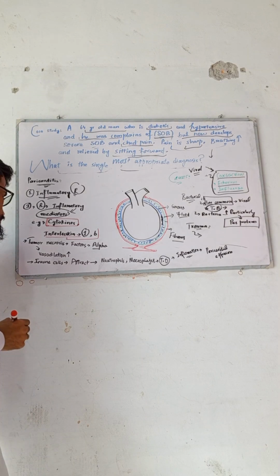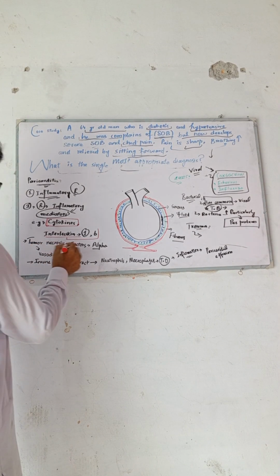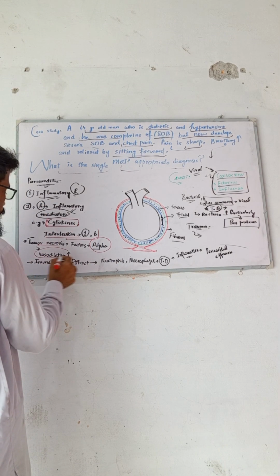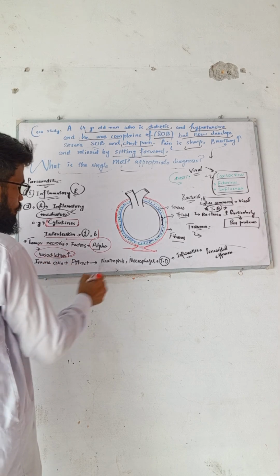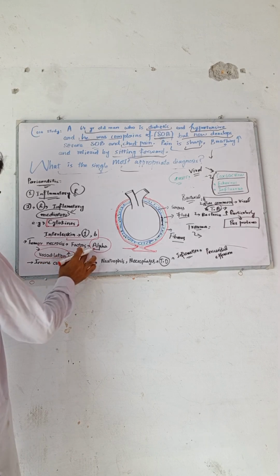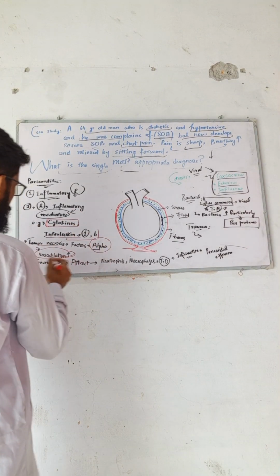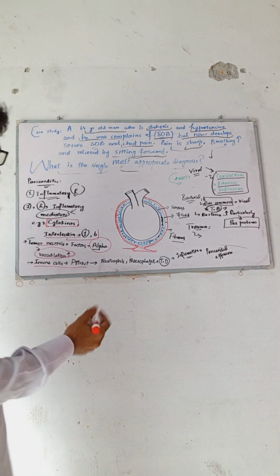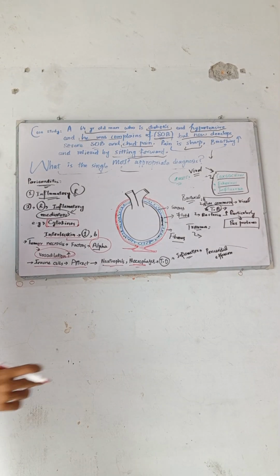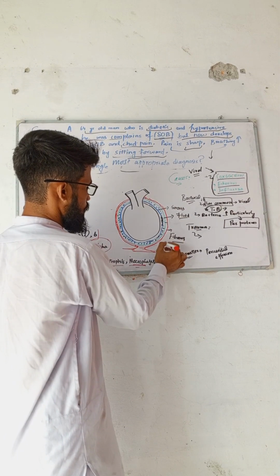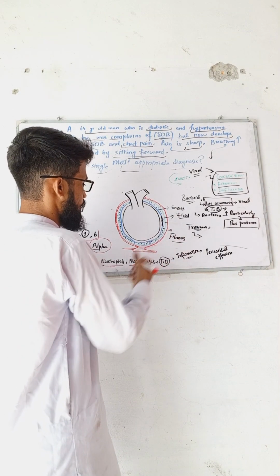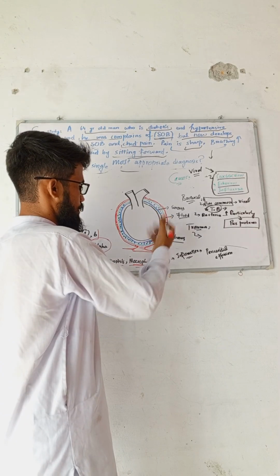Tumor necrosis factor alpha is also released, which increases vasodilation in the pericardium. After that, it attracts immune cells like neutrophils and macrophages, that damage the fibrous tissues, the parietal layer and also the visceral layer.